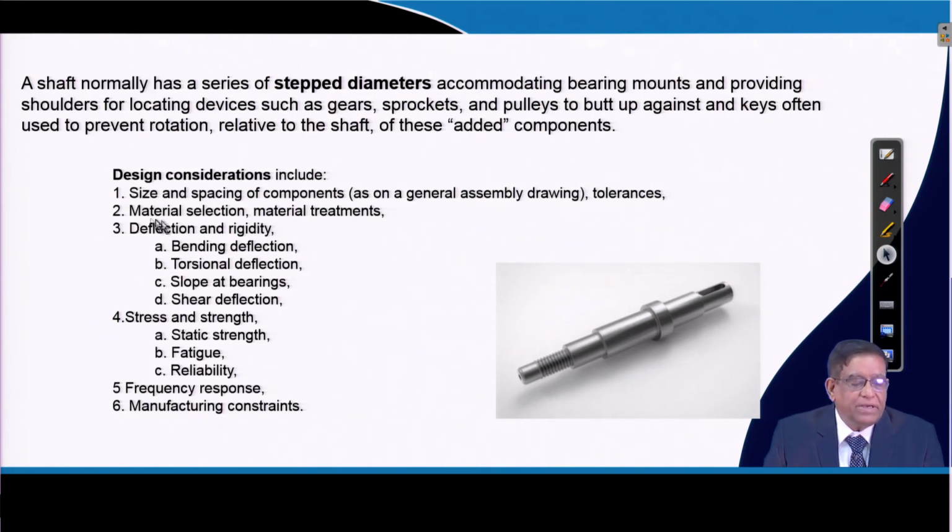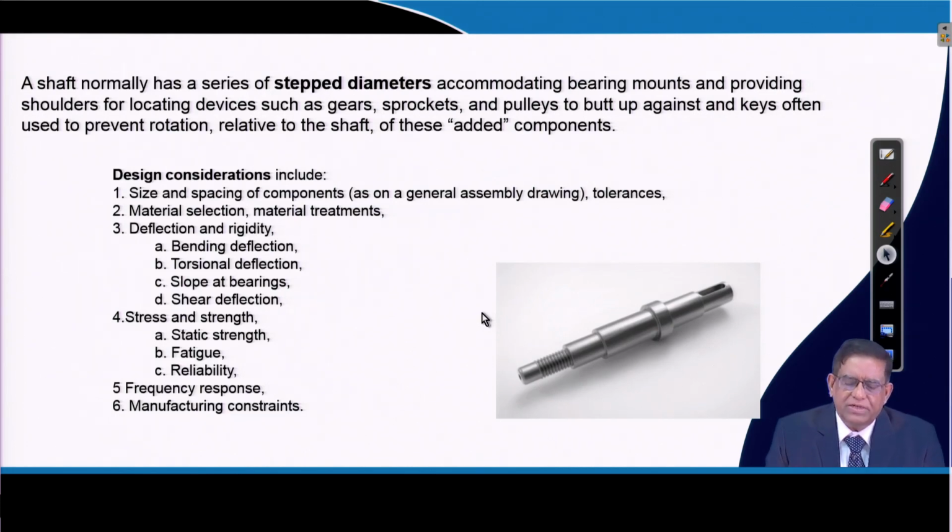Then material selection, because it will be transmitting torque. So, it will be subjected to torsional load, and there may also be compressive or tensile load. Different types of loading can occur, and depending on that, it should be strong enough to withstand them. That is why the material should be selected properly.